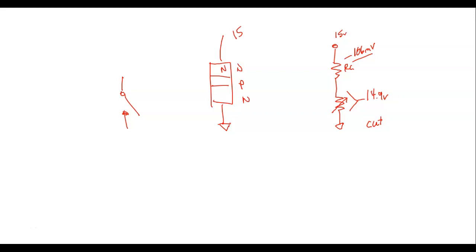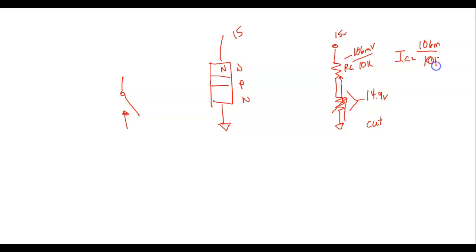You understand? So what we're saying is there's a little bit of current that always gets through it, even when it's cut off. But this 10K resistor up there is only dropping 106 millivolts. So how much current would be getting through there? So IC would be equal to 106 millivolts divided by 10,000 ohms.